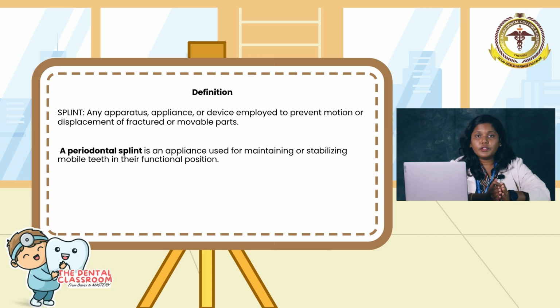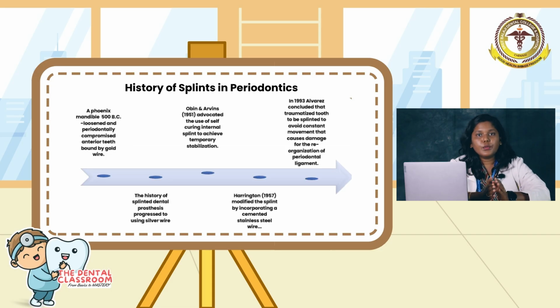Before going into that, we will just see some history of how splints have emerged so far. In the year 500 BC, it was found that the Egyptians used certain gold wires to splint the teeth which are periodontally compromised. Later on, it led to the development of silver wires for use in dental prosthesis.